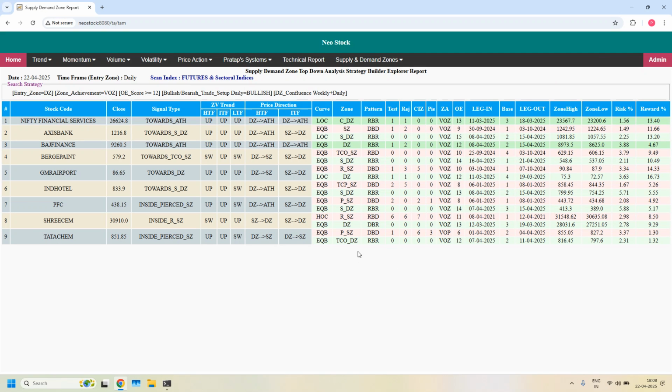In these 9, daily demand zones are overlapped with weekly demand zones, and the weekly trend, ITF trend, is up in all the stocks. So let's verify whether the weekly demand zone has weekly EMA confluence or not. If any of the stocks have weekly EMA, then the overlapped daily demand zone inside the weekly demand zone has a higher probability of success.